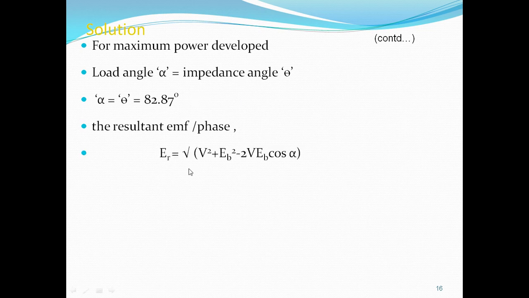And the resultant EMF per phase ER is equal to square root of V square plus EB square minus 2 into V into EB cos alpha.